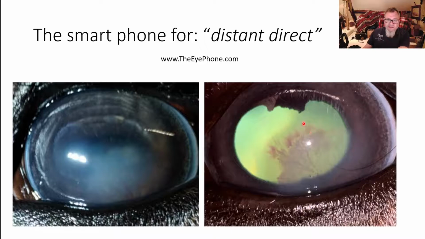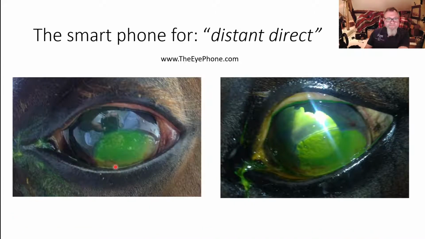We can also see that this area here, which corresponds to the grey area over here, is actually quite transparent. So rather than being full of cells, an area of infiltrated cornea, this is actually an area of corneal edema where light is able to pass through, but appears blue from the side.